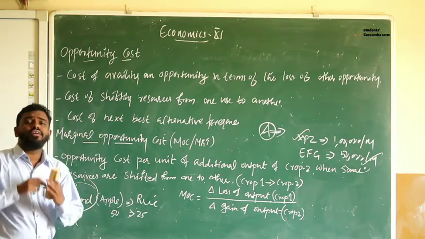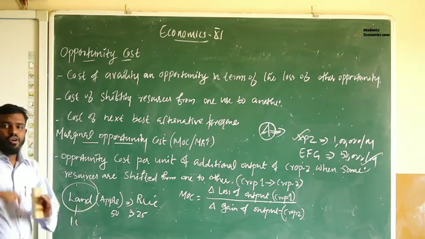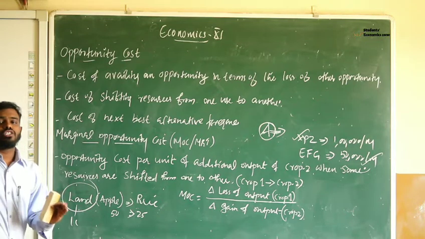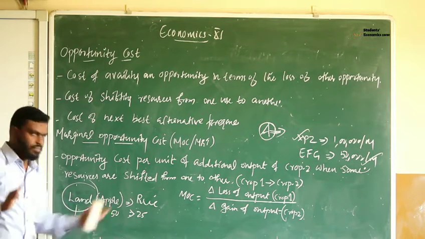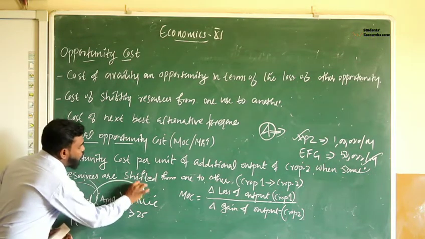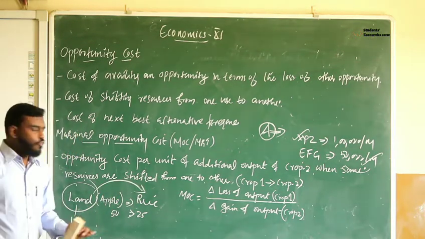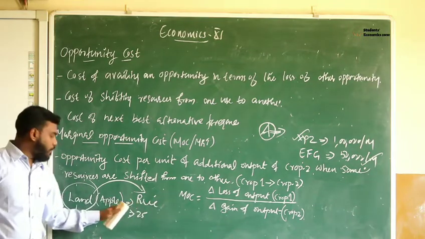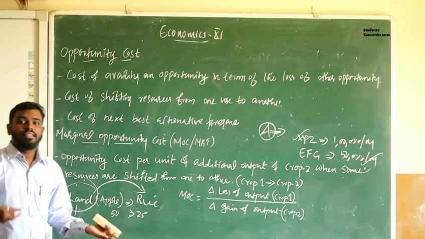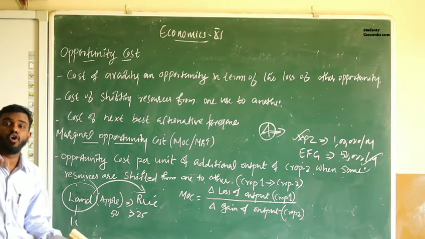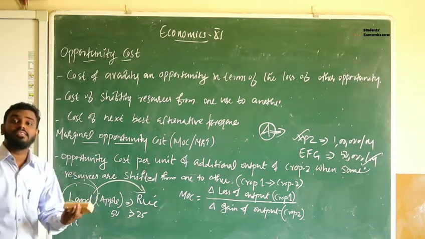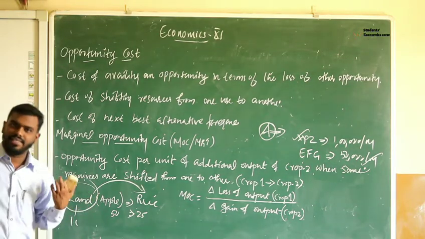Definitely he wants to transform some land used for producing apple to the production of rice. So he transferred some amount of land from apple to rice. At the same time, what happened to the production of apple? He needs to sacrifice some output of apple, and at the same time he will get some additional output of rice.